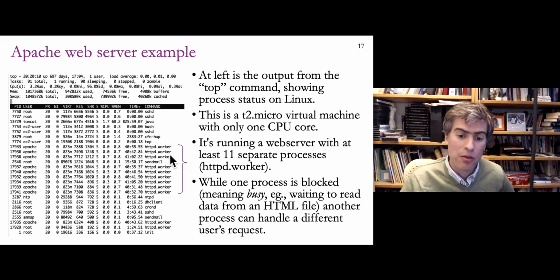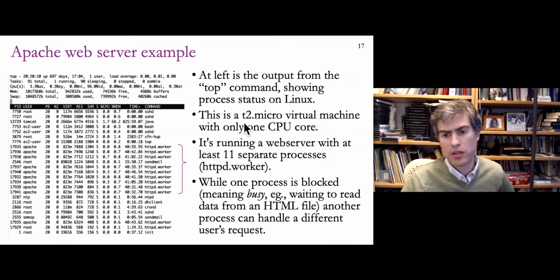In this case, the 11 different copies of this web server program can take turns running, and they can all in parallel handle different requests, even though there's only 1 CPU. This is an example of how parallelism works in practice on a single machine through process scheduling.